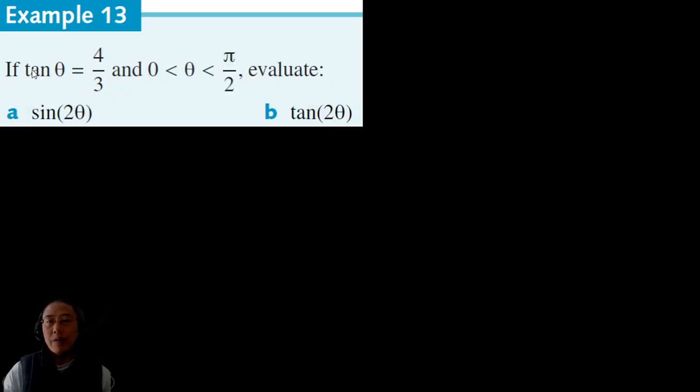Okay, so now we have an example. We need to use the double angle formula to find the sine and the tangent. Now you know tangent of theta is 4/3 and it's in the first quadrant. The first thing is, because the tangent is given as a fraction, always use that. It's the rise over run, but it's also opposite over adjacent.